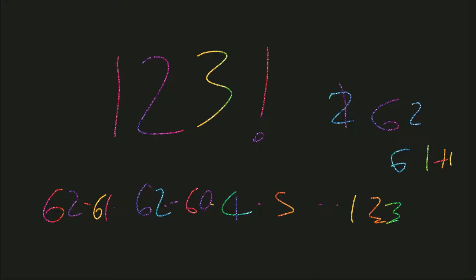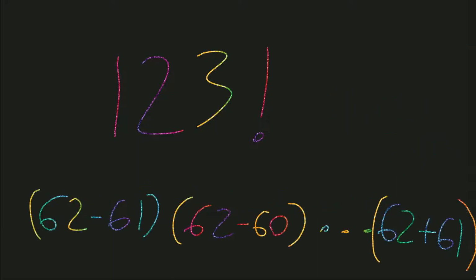Okay, now we've got a number series. Let me write down a few of the terms here. This is 1, this is 2, and we keep multiplying, iterating up to 123, and 123 is 62 plus 61, right?